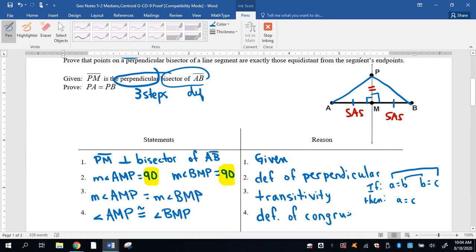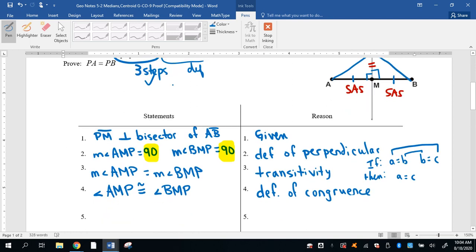Okay, we are now done with the 3 steps for perpendicular. Now let's use definition of segment bisector. So definition of segment bisector would say that these two segments, AM, is congruent to BM.